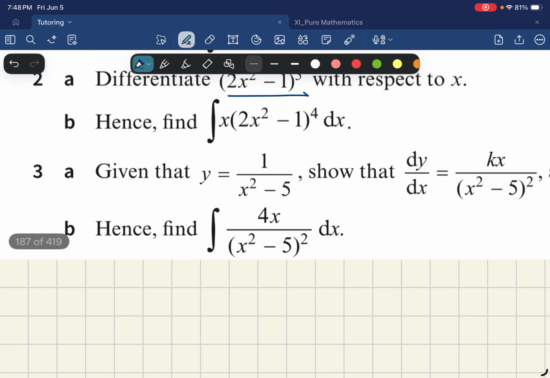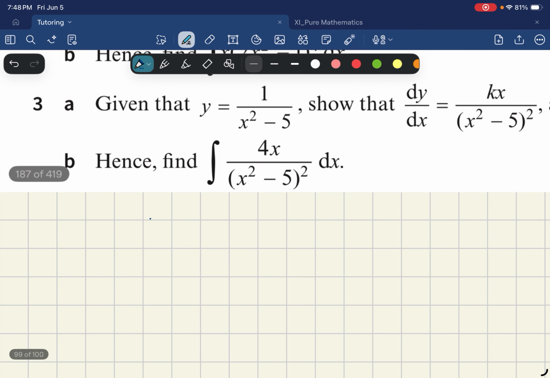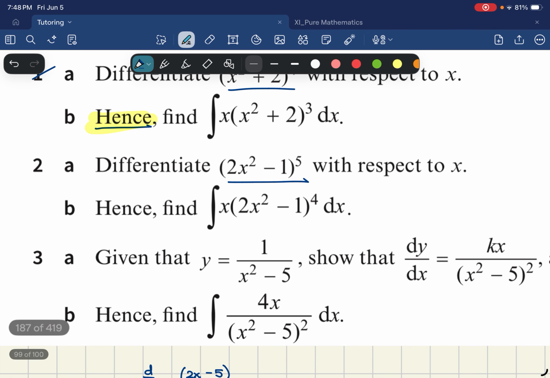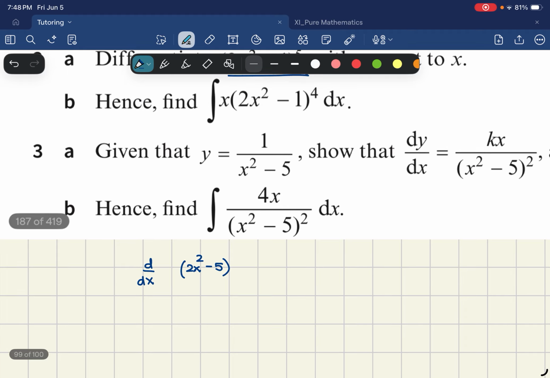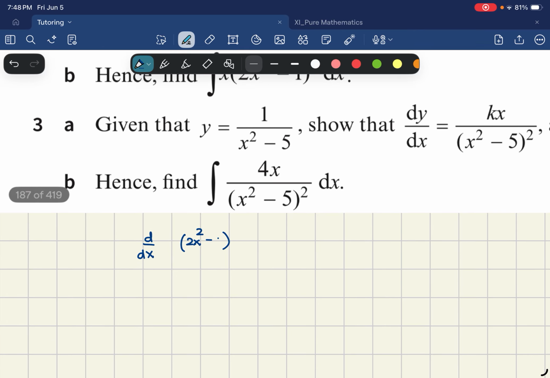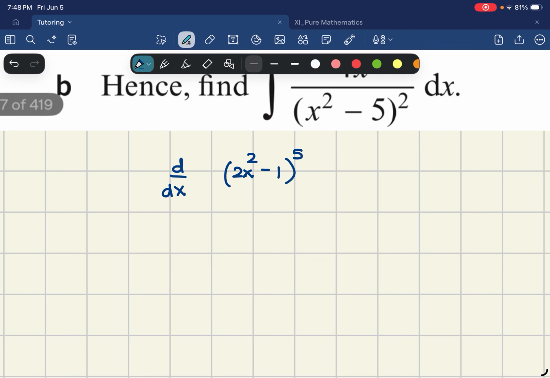So question 2 says, differentiate this with respect to x. So just find d by dx of (2x squared minus 1) to the power of 5. All right, so you bring 5 to the front. You have (2x squared minus 1) to the power of 4, but there is an x inside, so you have to differentiate it again.